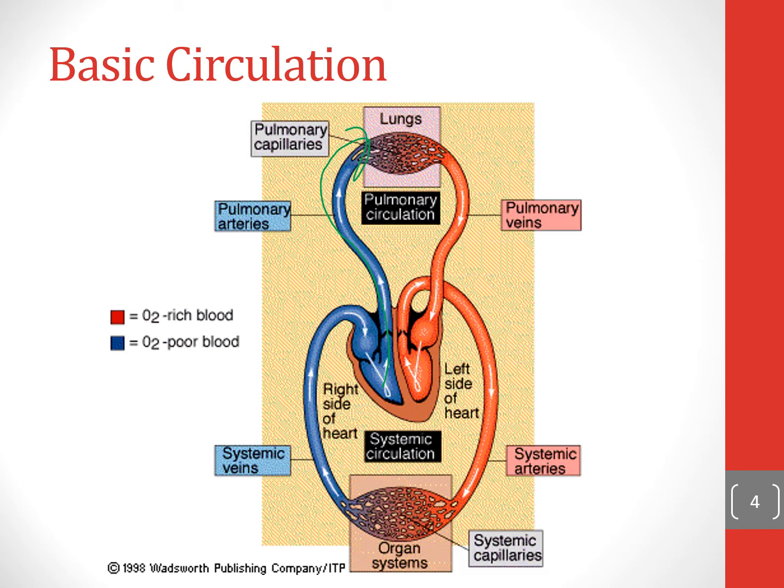And the left side of the heart will play an important role in delivery of oxygen and nutrients via systemic circulation. And systemic circulation basically means that we're sending blood to the entire system. So the left side of the heart is going to play an important role in delivery of oxygen and nutrients to the entire body.